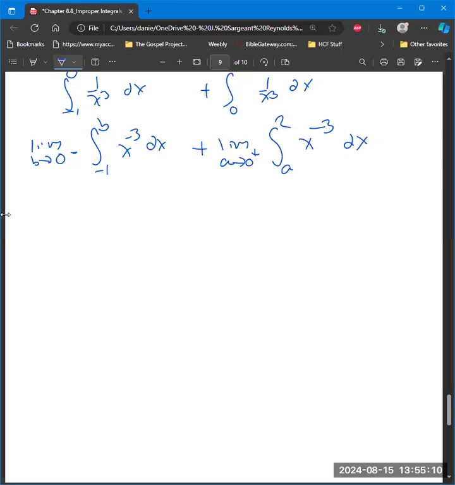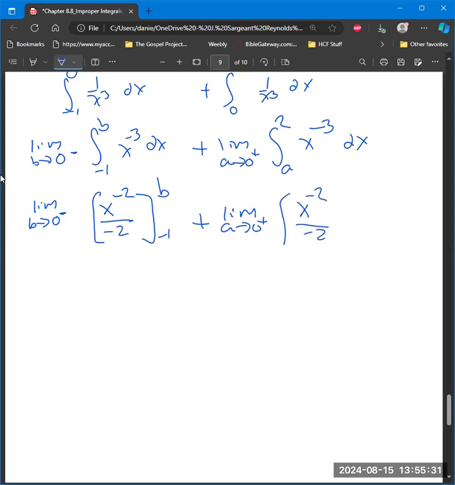It's going to be limit as b goes to 0 from the left, x to the -2nd over -2, evaluated from -1 to b, plus limit as a goes to 0 from the right, x to the -2nd over -2, evaluated from a to 2.